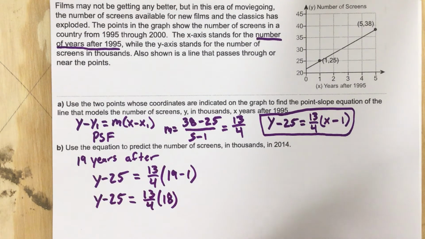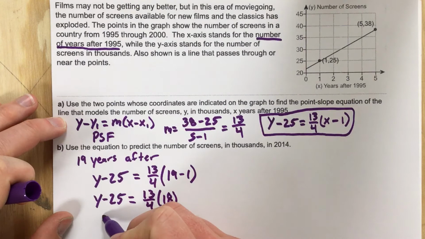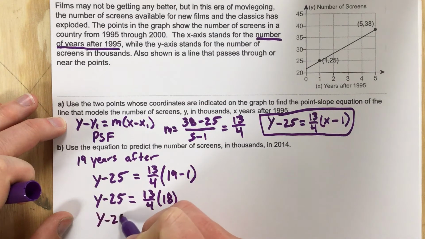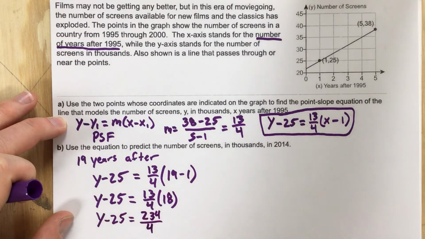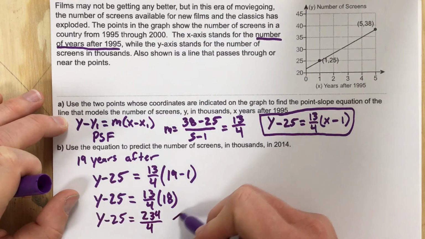So 13 times 18, that's 234 over 4. So I get y minus 25 equals 234 over 4.